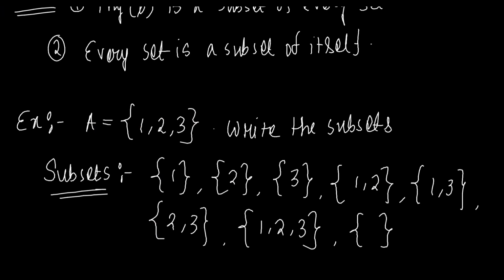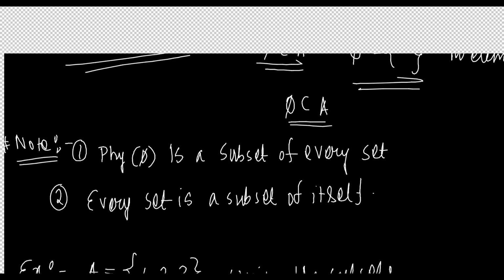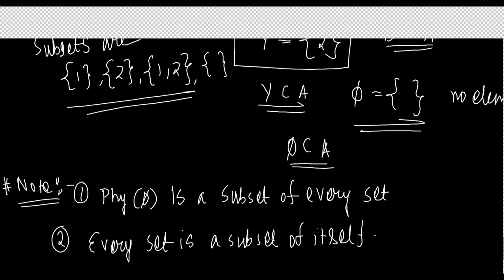Here is another very important thing, the most important formula we can tell: the number of subsets of any set. See here, in the previous part we have taken A as 1 comma 2. So the cardinal number of A is 2, as two elements are present.